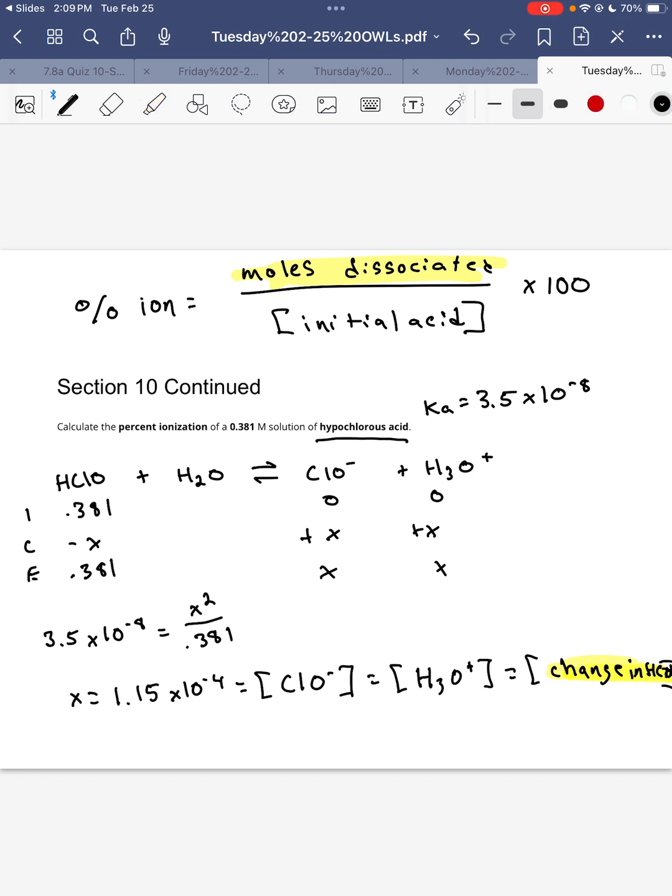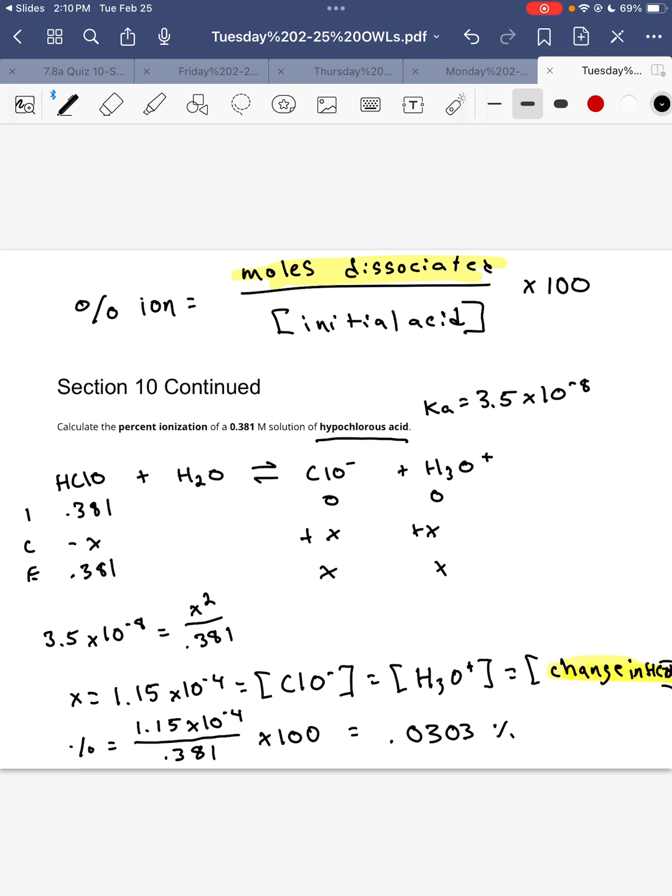How much molar did I dissociate? And so I am left with my percent equals my x value that I calculated, 1.15 times 10 to the negative fourth, over my initial value, 0.381, times 100%, and that's going to equal 0.0303%. A pretty small value, a pretty low percent ionization. That makes sense because our Ka is very small.